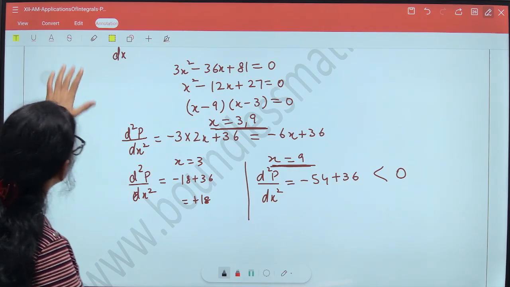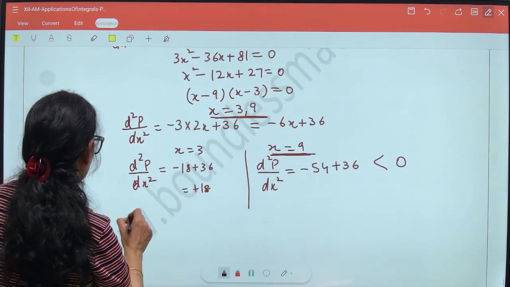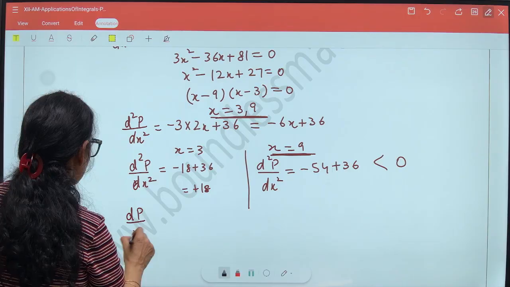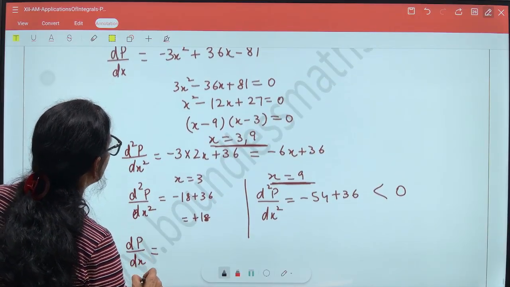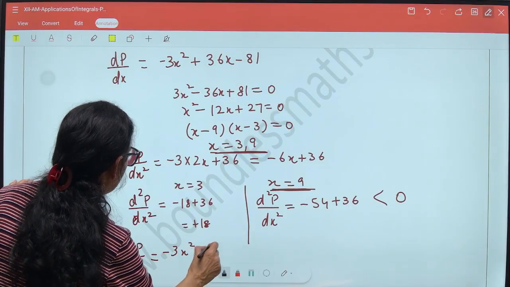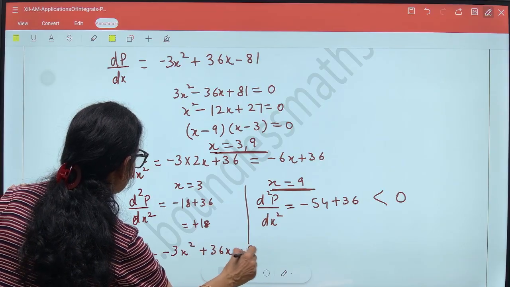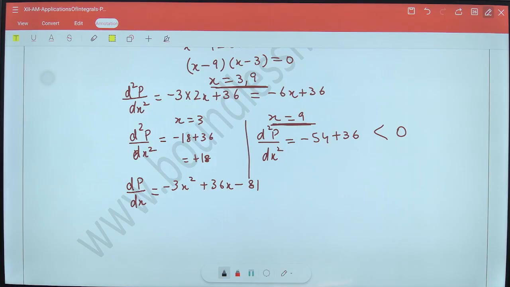Now because we have the first derivative, what is the first derivative? Let's write the first derivative here. dp by dx is equal to minus 3x square plus 36x minus 81. Right? Now when x is 0, what is going to be the profit?